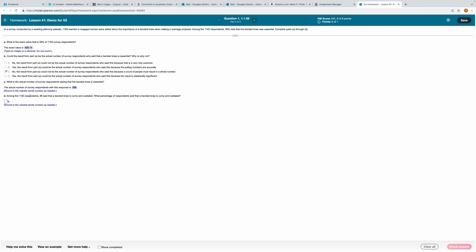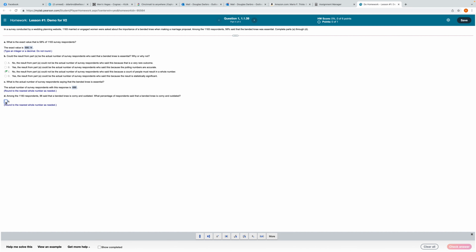And among the 1183, 96 said that a bended knee is corny and outdated. What percentage? So what I would need to do there is take 96 and of course divide it by the whole, 1183. And I get, what does it tell us? Rounded to the nearest whole number as needed.